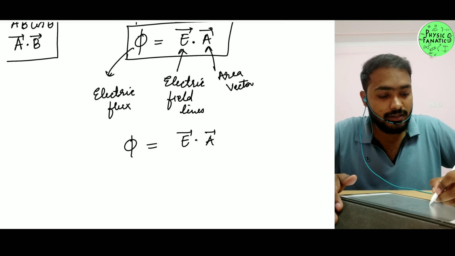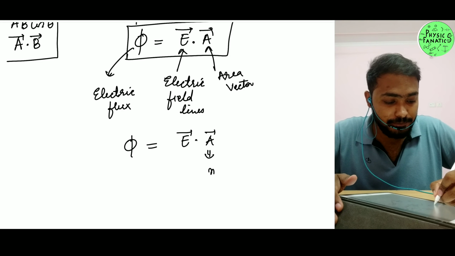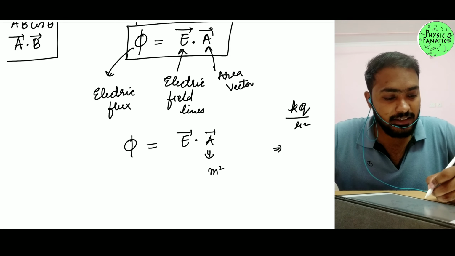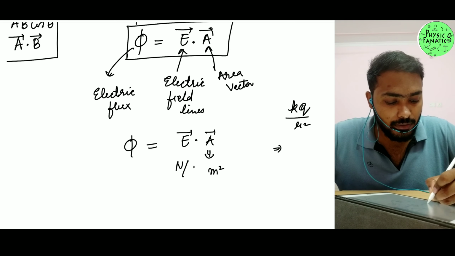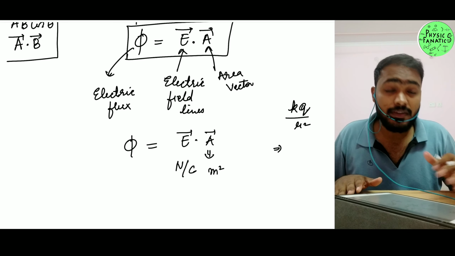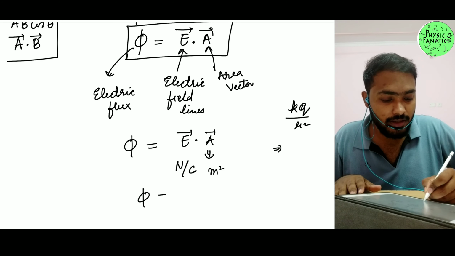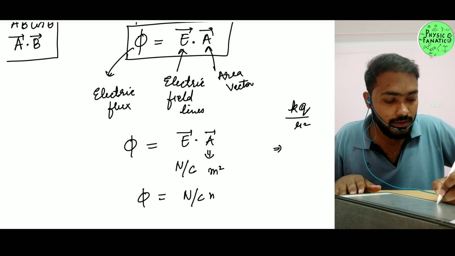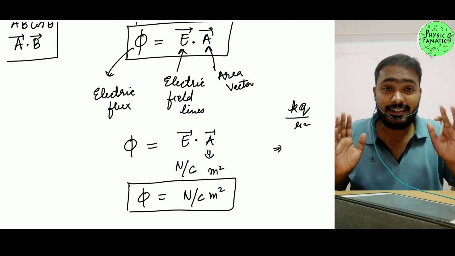Area has a unit of meter square, and electric field has a unit of Newton per coulomb. So the flux will have a unit of Newton per coulomb meter square. I hope that is understandable.